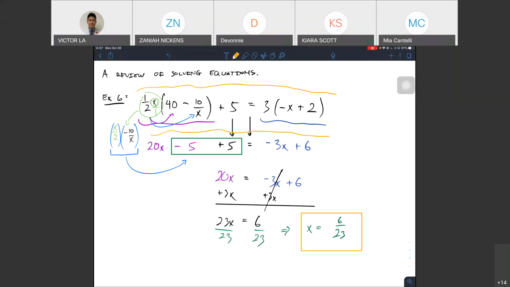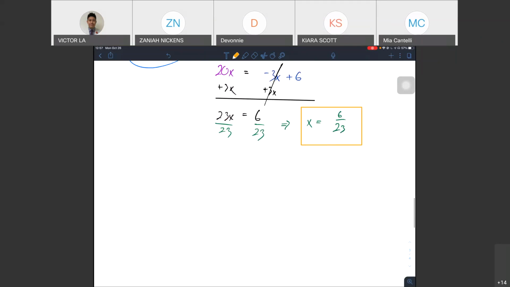So example 6, that's good. Let me think of an example that would be good. Okay, I won't make it too crazy, but I want people to get familiar with this. So let's do it this way. Let me think. Here we go.